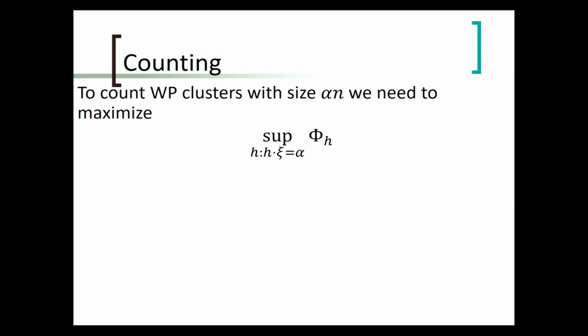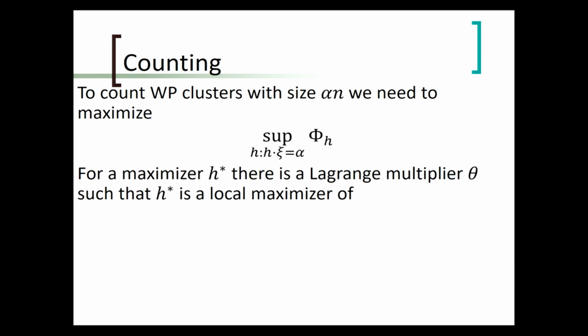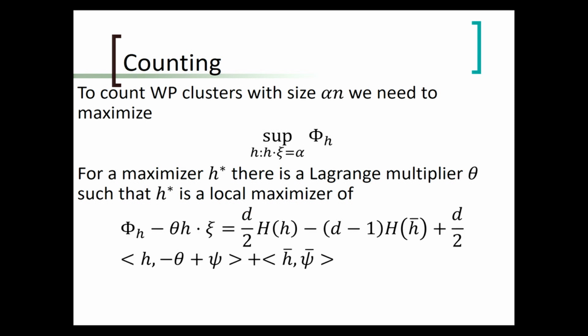So how do you do constrained optimization? You can add Lagrange multipliers. So if we have a maximizer, we can then add in a weight to the function that will make it a real maximizer. And so what does adding in this weight do?